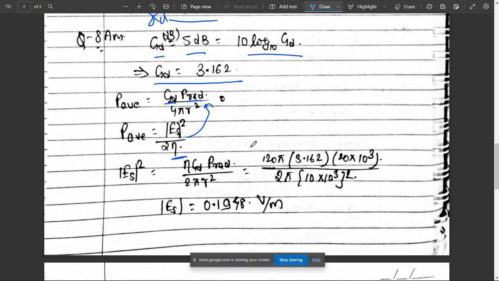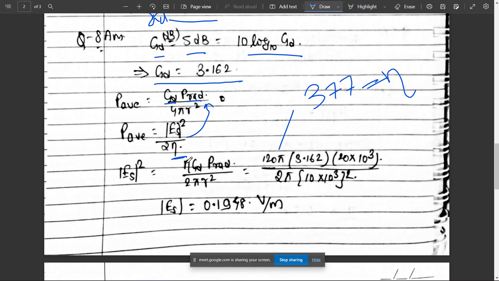So how much is the free space impedance? 120 pi. So 120 pi is how much? 377 ohm. Yes, very good. So everywhere we read free space impedance as 377 ohms.